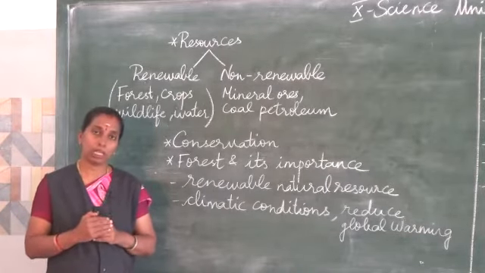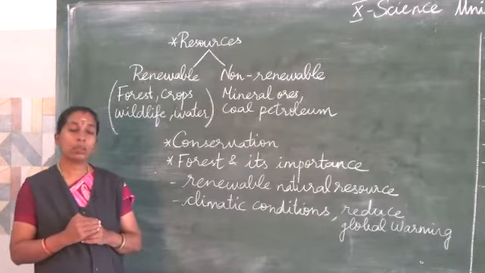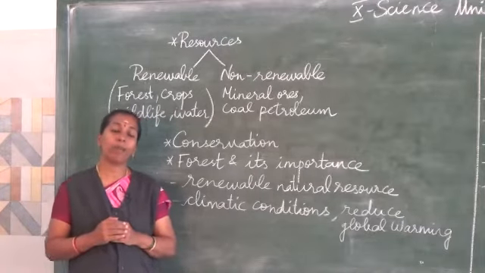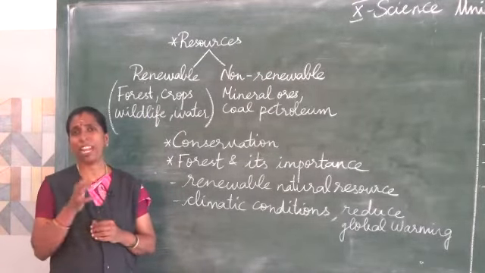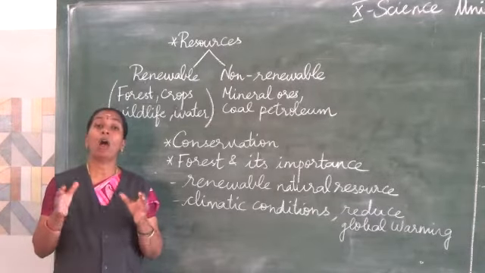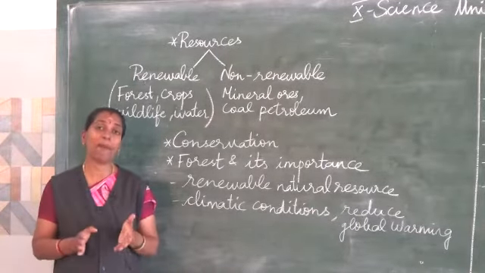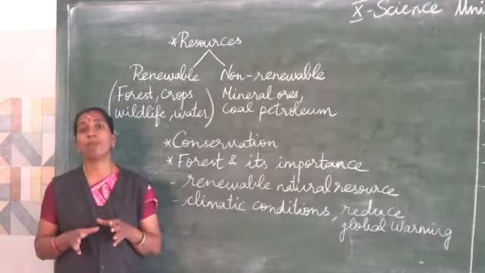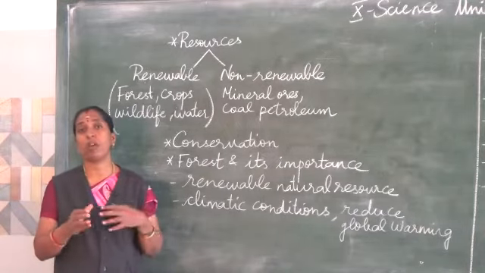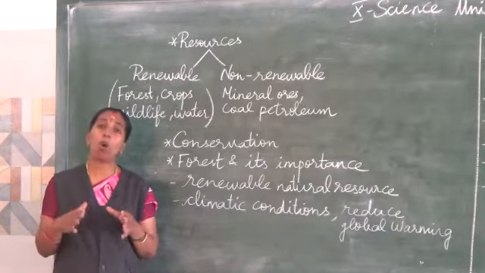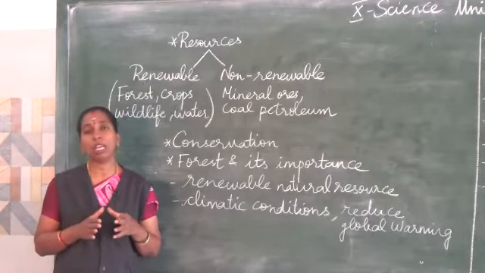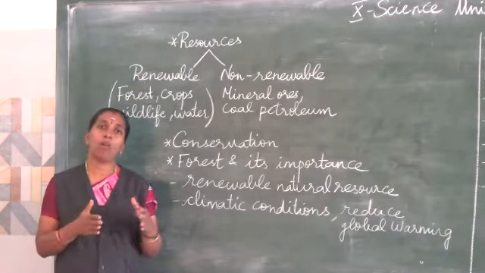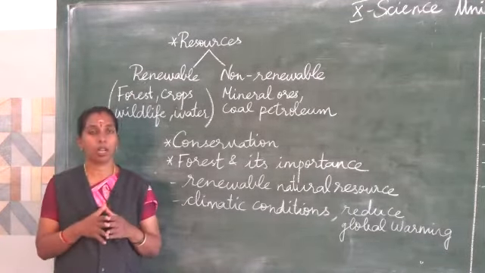What is environment? It is derived from the French word environner, which means to encircle or to surround. Environmental management means how we can manage the environment in the present situation: its quality, its resources, the living organisms present, and the interrelationship of the organisms. I just gave an introduction to renewable and non-renewable resources.